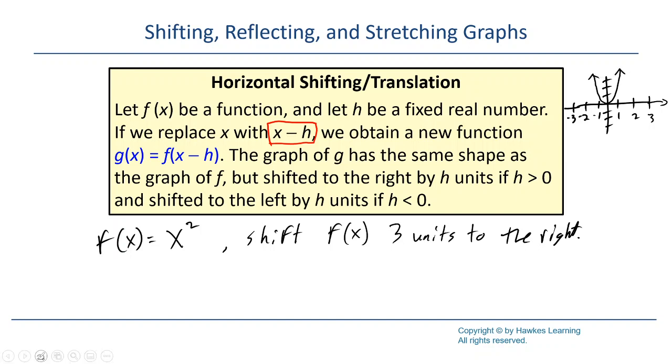So if I want to shift it 3 units to the right, then that means I need to set the vertex, to use a little bit of terminology, to sit over here. So I basically have the same shape, just starts at a different point.